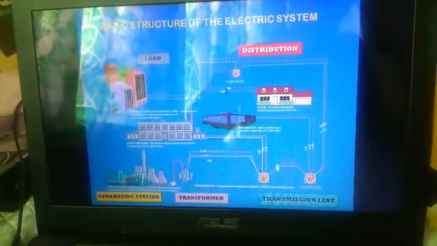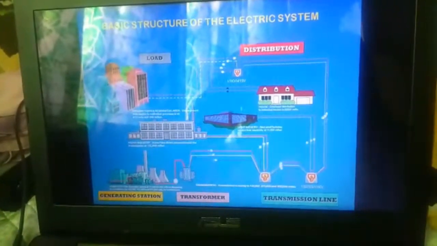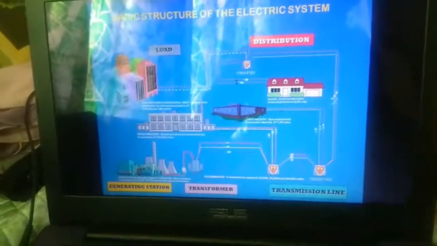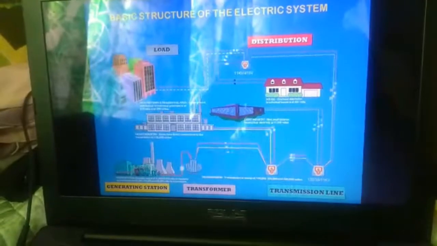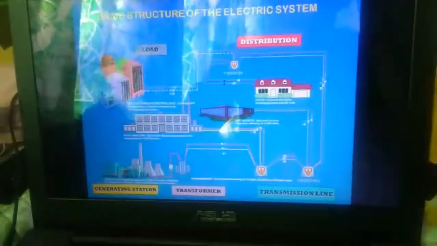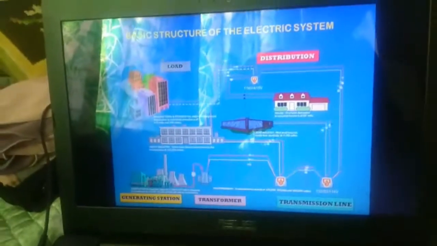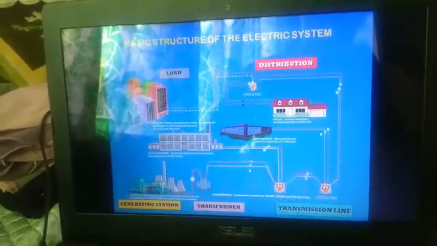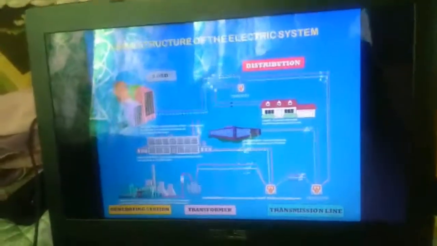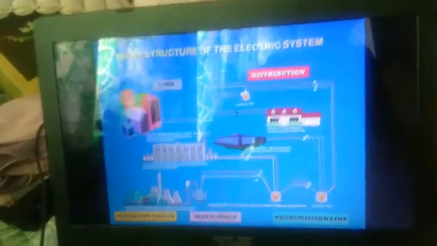The fourth part is the distribution, where we distribute the electricity from the distributor to the load. And the last part is the load, where the consumer will use the electricity.